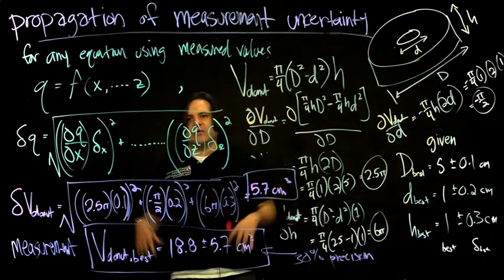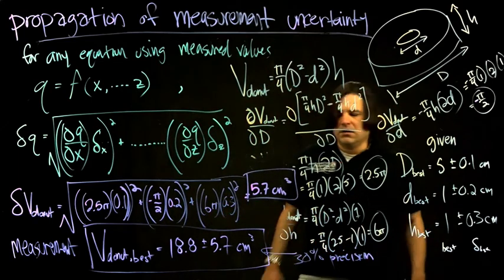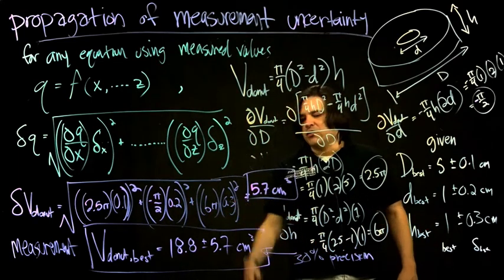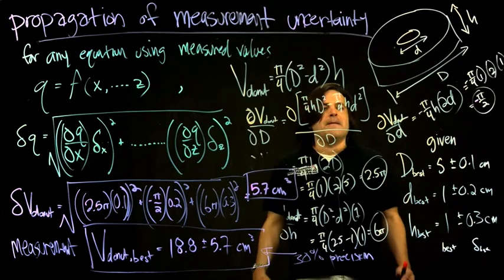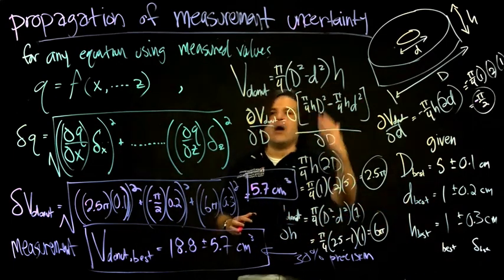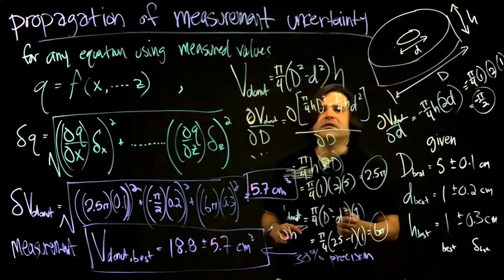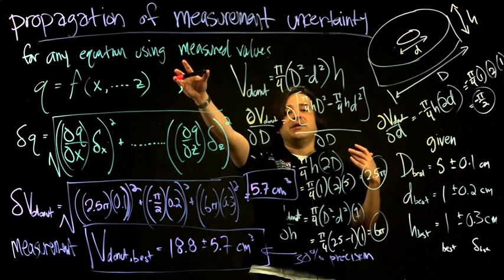So that's the answer. And then think about it a little bit more. 30% precision, 6 centimeter cubed out of these values here. But that's what happens when you take powers. When you take exponential values, or you square it, or you cube it, these errors propagate a lot.